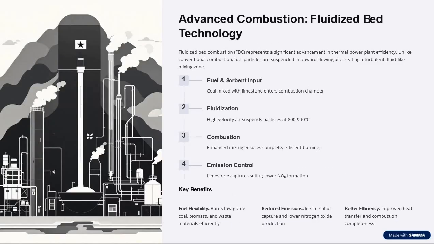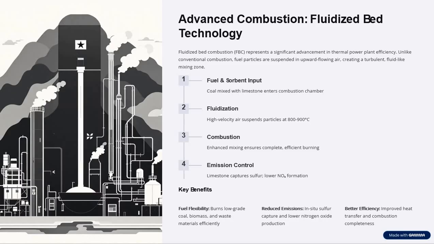The advanced combustion method is called fluidized bed technology. Fluidized bed combustion represents a significant advancement in thermal power plant efficiency, unlike conventional combustion. Fuel particles are suspended in upward flowing air, creating a turbulent, fluid-like mixing zone.